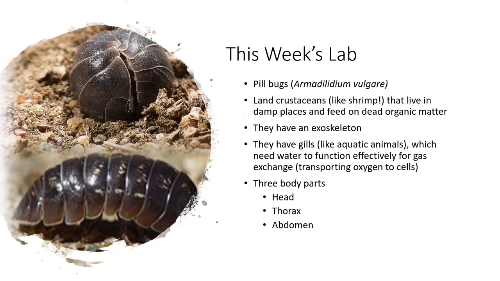And in this picture, you can also see that they have this defensive mechanism where they roll up into a ball. When I was growing up, I called them roly-polies or potato bugs because they would roll up like this, which I guess looks like a potato. And they have 3 body parts. They actually have a head, a thorax, and an abdomen.